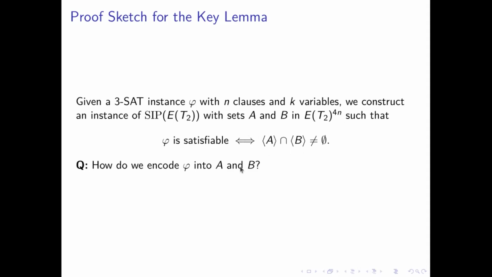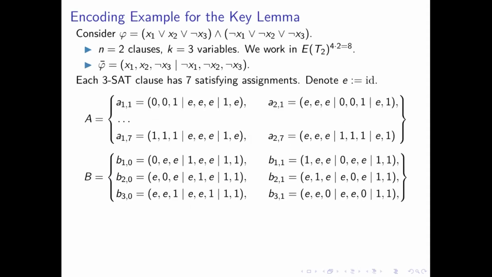So really the big question here is, how do we encode this formula phi into A and B? This is not a proof, but it's an encoding example for the key lemma, and this is essentially the idea of why the proof works.